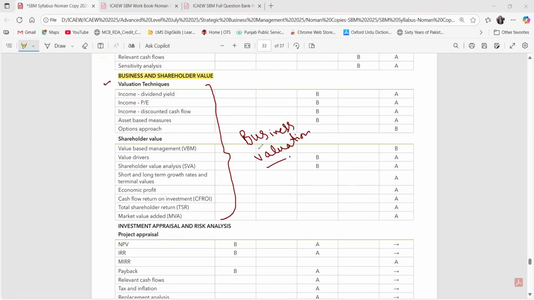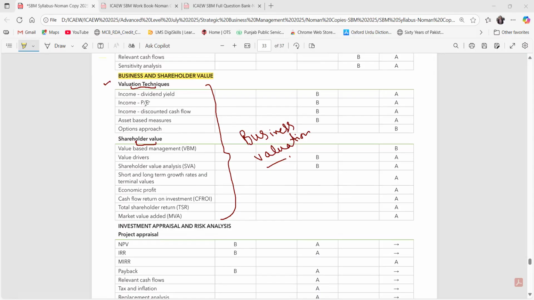Business valuation is one of the key considerations for your SBM exam, and it has been divided into two areas. First of all, we have valuation techniques, and second, we talk about shareholders' value.